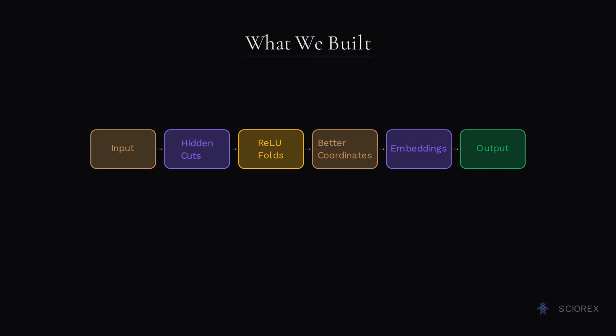Embeddings extend this idea to discrete inputs, mapping words or categories to learned vectors in continuous space. We saw this concretely. 2 hidden neurons with ReLU reshaped the XOR problem from an impossible tangle into a clean linear separation. The network didn't find a cleverer line. It invented a space where a simple line was enough.